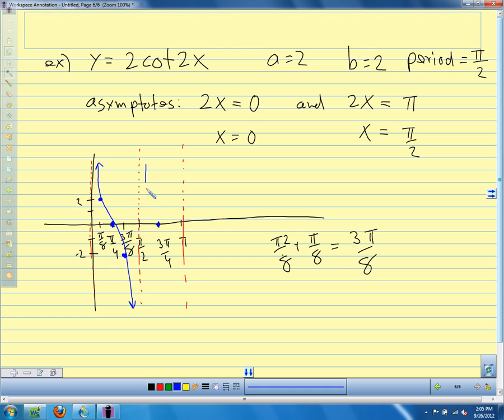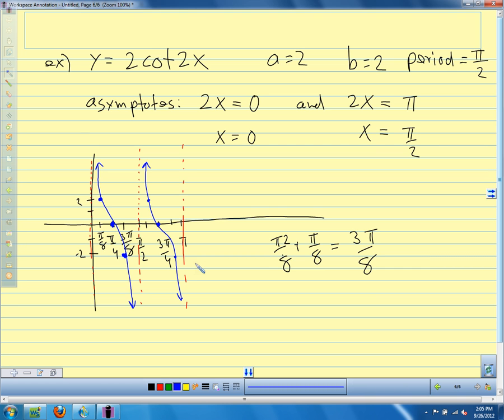And my function would go like so. And to be accurate, just like I found these 2 points, I would find this point, and know that y equals plus or minus a. So there would be my graph of 2 periods of the cotangent function.